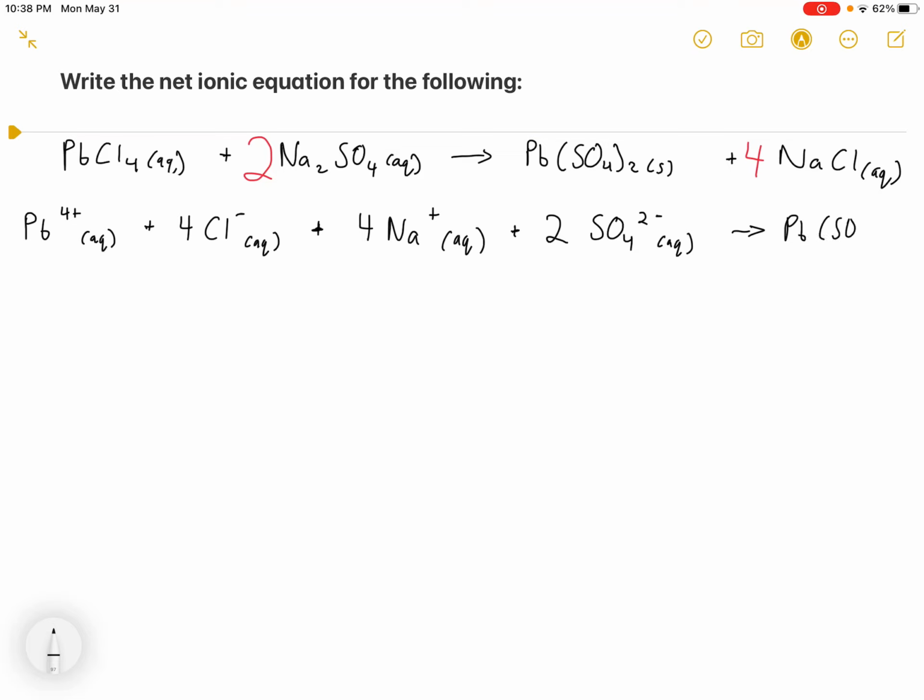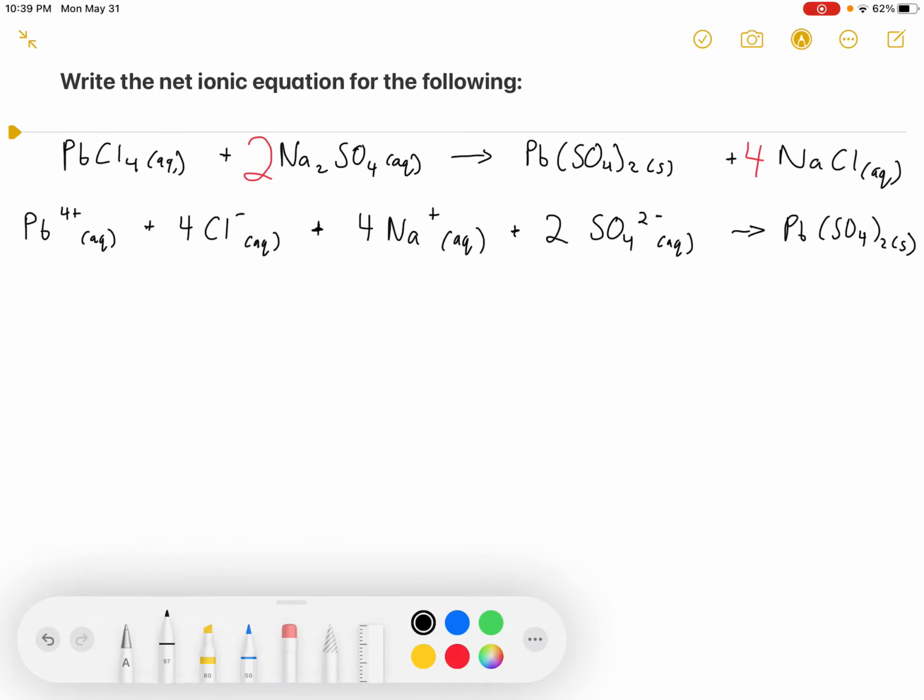So that's the left side of our reaction equation, and then we had solid lead sulfate form, and for that one we do not break this one down because it's a solid. We only break down aqueous compounds. And then on the right side, we're going to break down the NaCl.